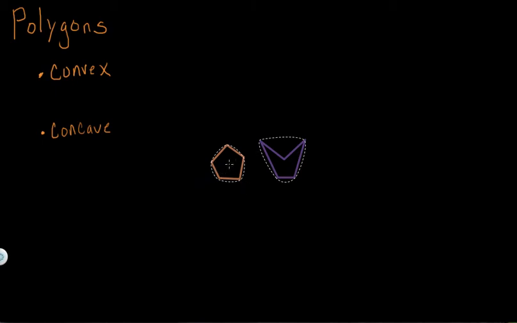So this is the center of my polygon. Notice that this vertex here is making an arrow almost, and it's pointing away from the center of the polygon. So anytime all of the vertices are pointing away from the center, we know that we have a convex polygon.